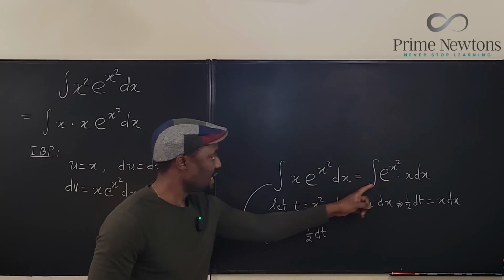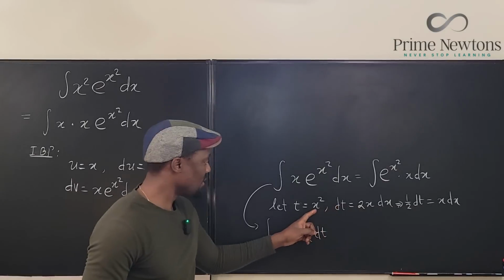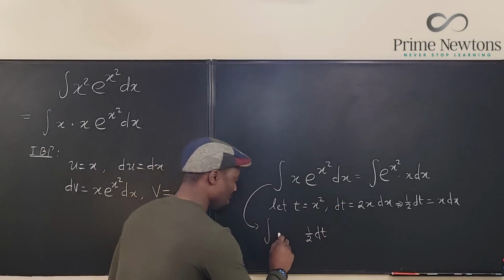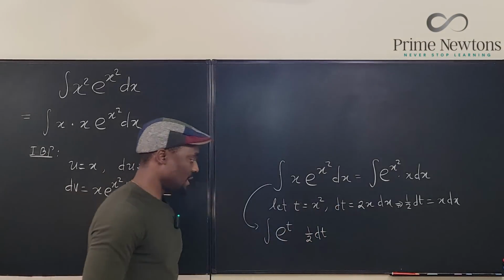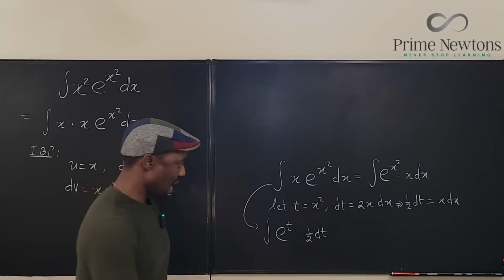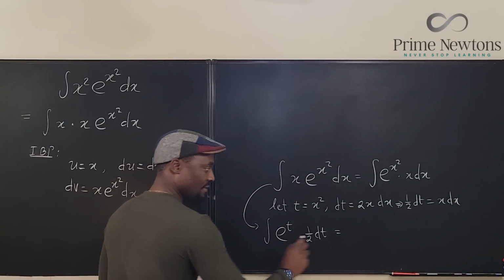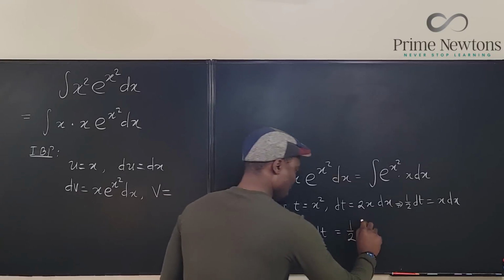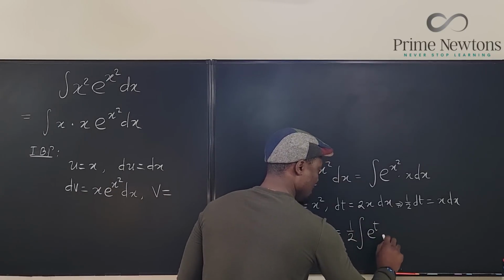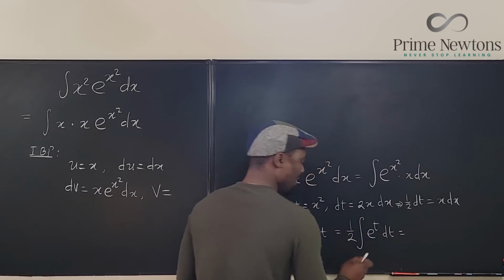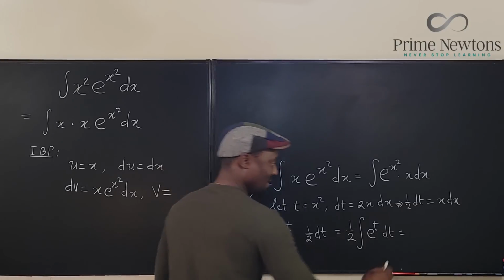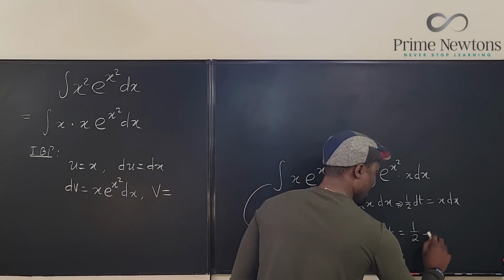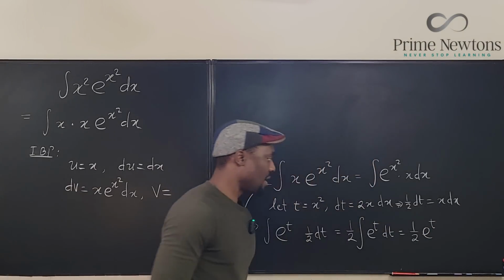And we said x squared is t, so this would be e to the t. And now I can pull this 1/2 to the front. So you have 1/2 of the integral of e to the t dt. And if you integrate e to the t, it's just e to the t. That's 1/2 of e to the t.